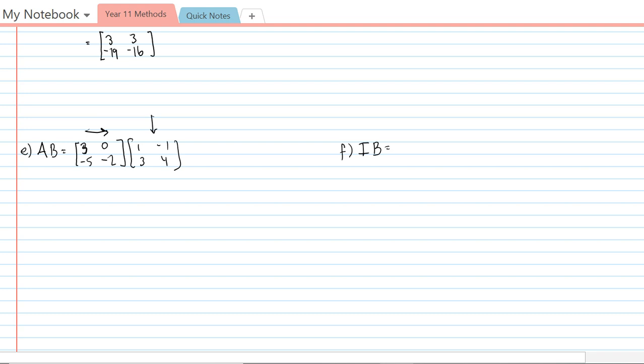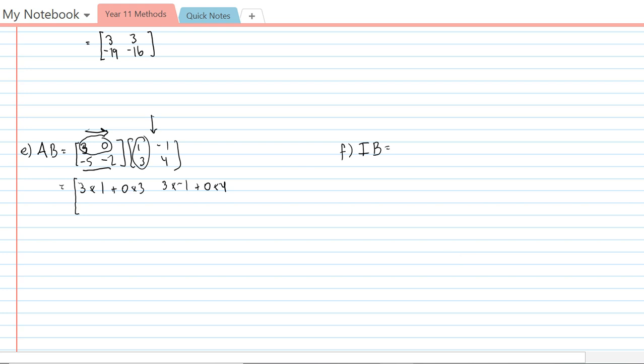So to get the result in the first row and first column of this matrix, I multiply the first row with the first column. So I'm going to do 3 times 1 plus 0 times 3, working across the first row and down the first column. I'm now going to do the first row with the second column. So that's going to be 3 times -1 plus 0 times 4.